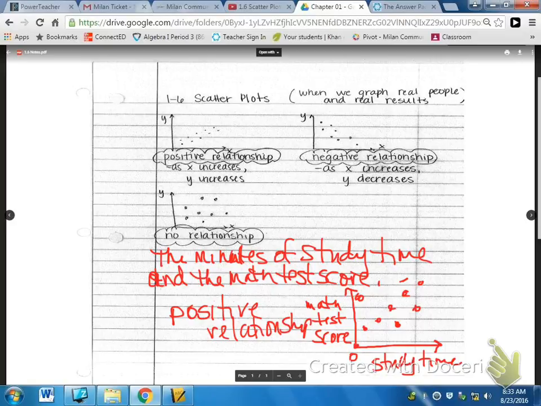And you would write, as study time increases, math test score increases. And that is how you would evaluate a scatter plot.